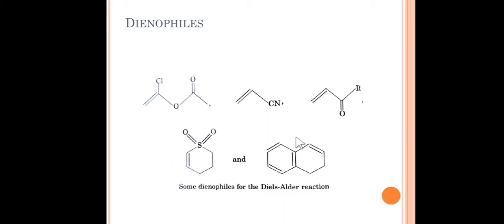So friends, here also one double bond is in conjugation with an sp2 carbon or benzene ring, but it can undergo the Diels-Alder reaction. This is a very important, sometimes confusing question asked in the CSIR NET examination.